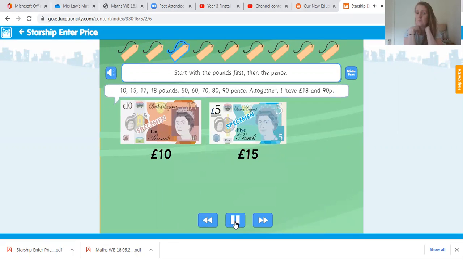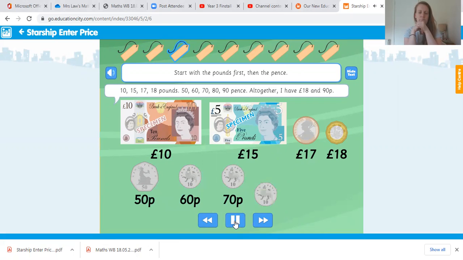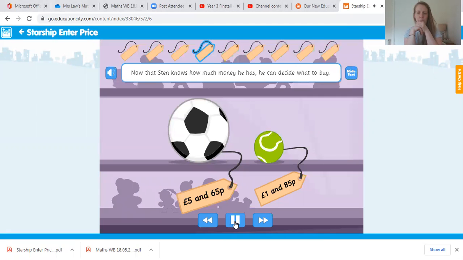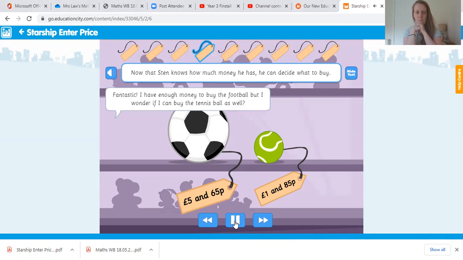10, 15, 17, 18 pounds, 50, 60, 70, 80, 90 pence. Altogether, I have 18 pounds and 90 pence. Now that Stan knows how much money he has, he can decide what to buy. Fantastic!